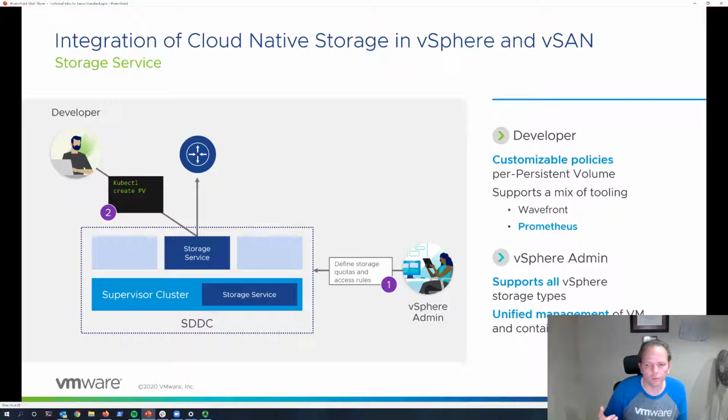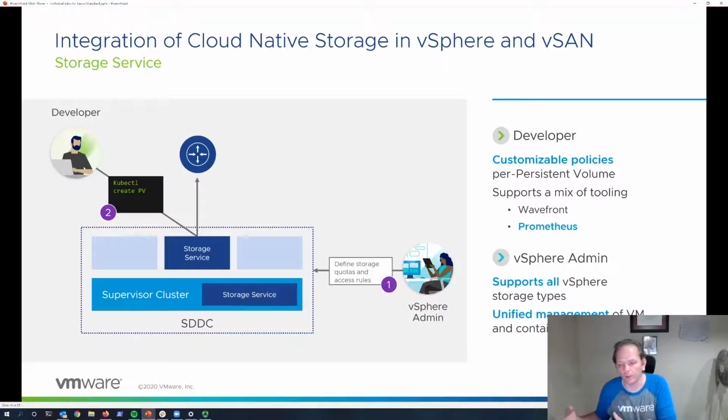It's really native integration and native support for cloud native storage volumes. And so we get first class visibility and access to policies, access to tooling in vSphere. Anytime in Kubernetes you request a volume to be attached, the volume that you attach to that container is the same exact volume from a vSphere perspective that you might attach to a virtual machine.